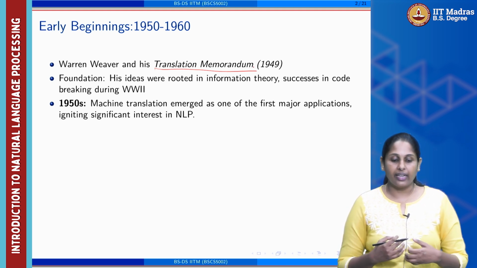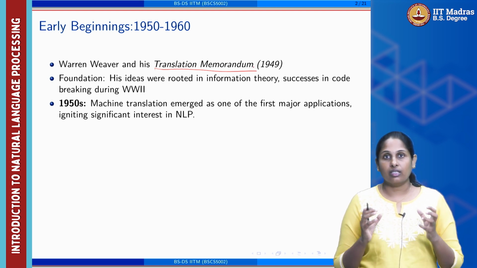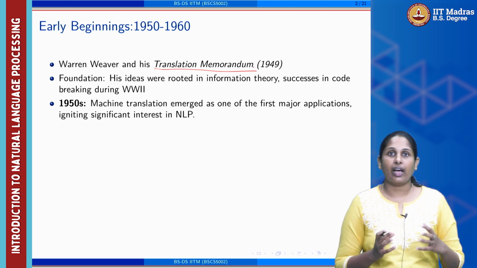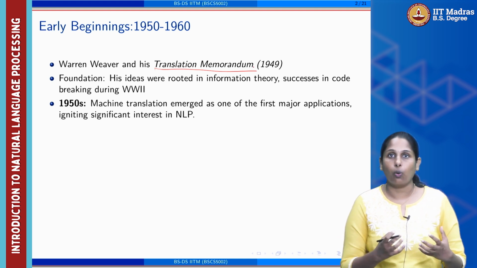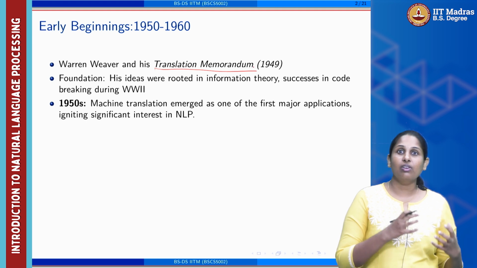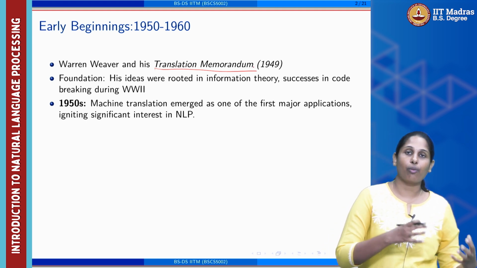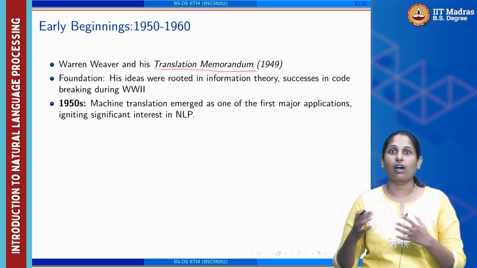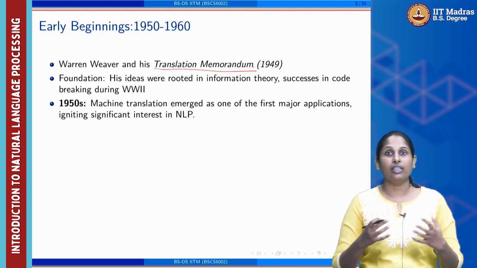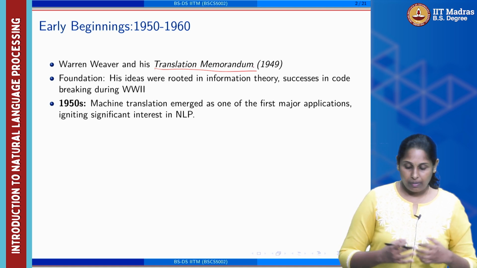So with that idea, Warren Weaver proposed that language is a kind of code, just as we have a code of secret messages. When we can convert that code into another code, that means converting from one language to another is also possible, just as we encode and decrypt the secret codes in messages.